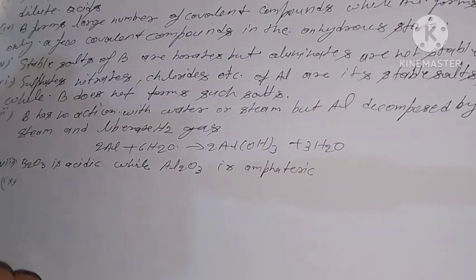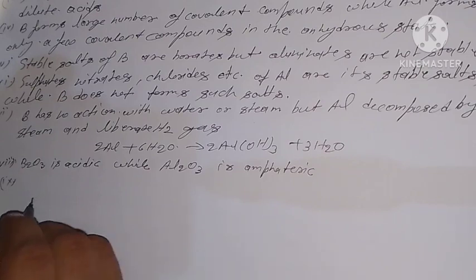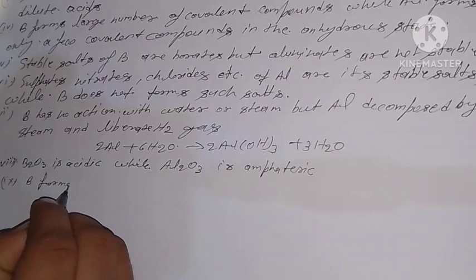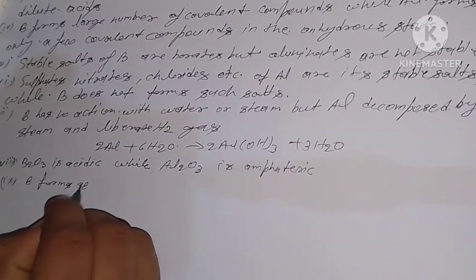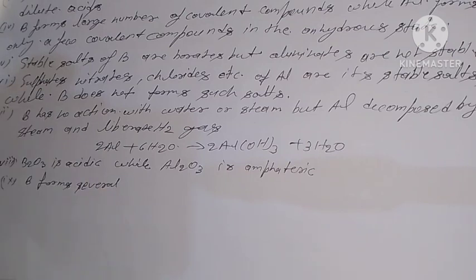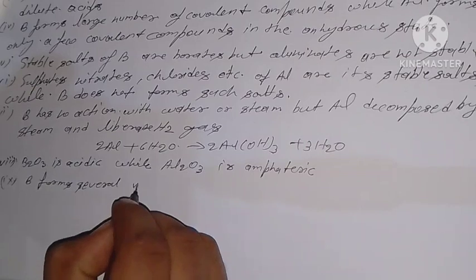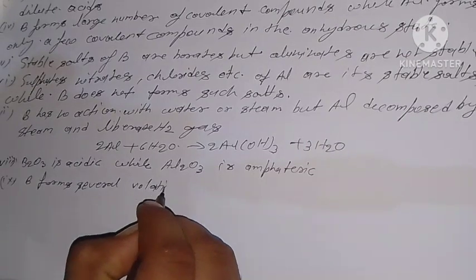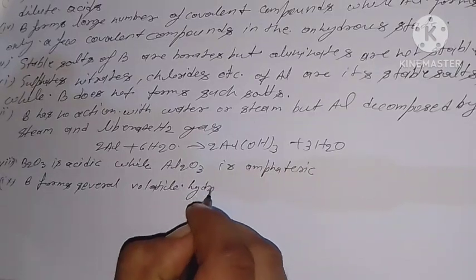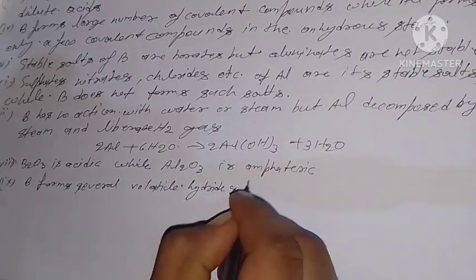Point 9. Boron forms several volatile hydrides.